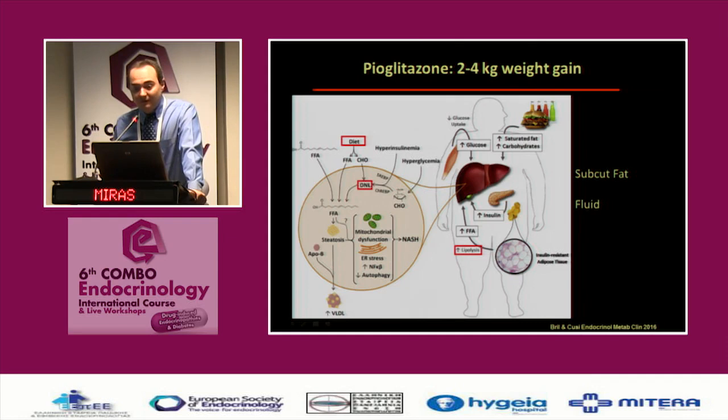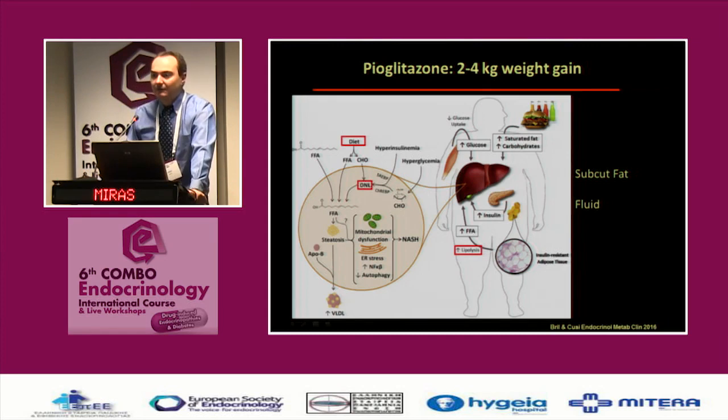The second cause of weight gain is through fluid. So we've got water retention, and that is obviously another problem with pioglitazone that can potentially worsen heart failure. So these are the two mechanisms there.